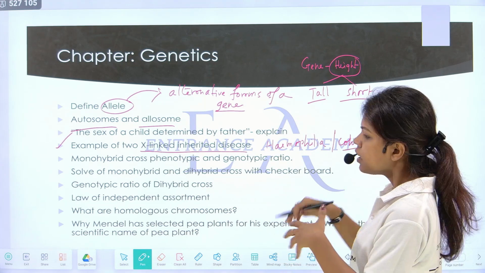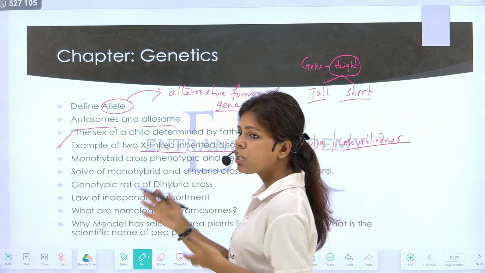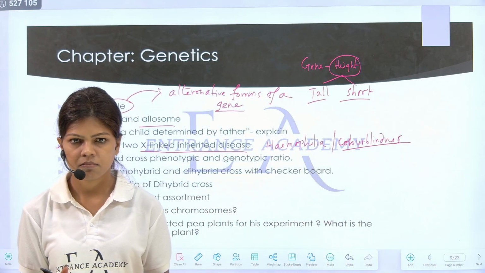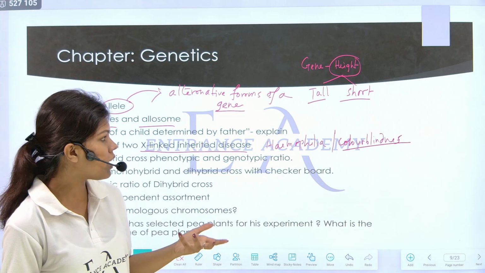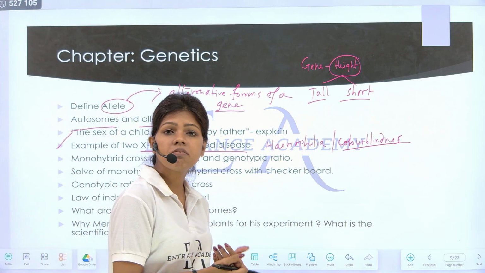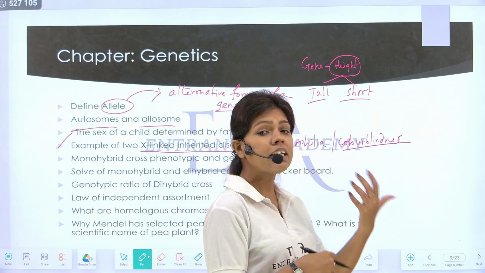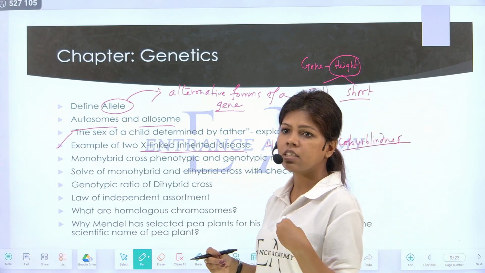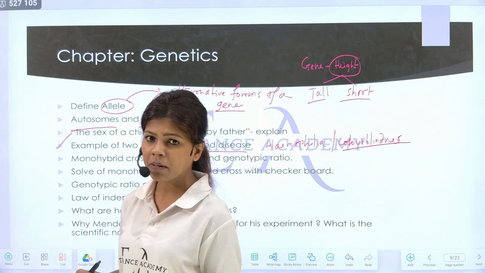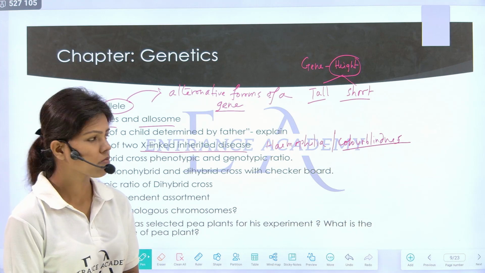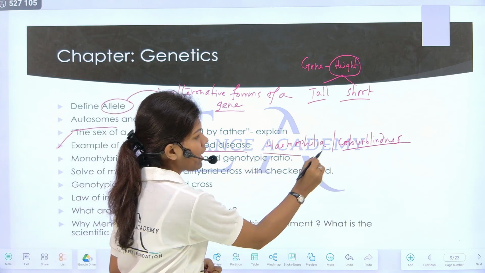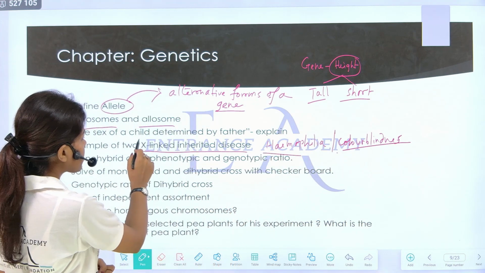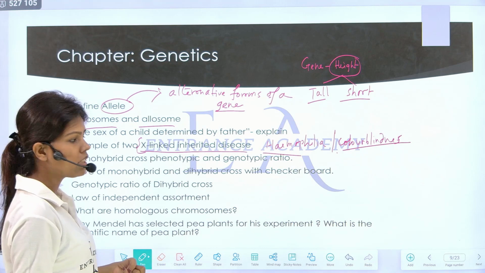In color blindness, the affected individual cannot differentiate between red and green. And in hemophilia, blood clotting will not take place. That means the bleeding will not stop. If any injury takes place, continuous bleeding will take place and it can be fatal also. So hemophilia and color blindness, these two are examples of X-linked inherited disease.